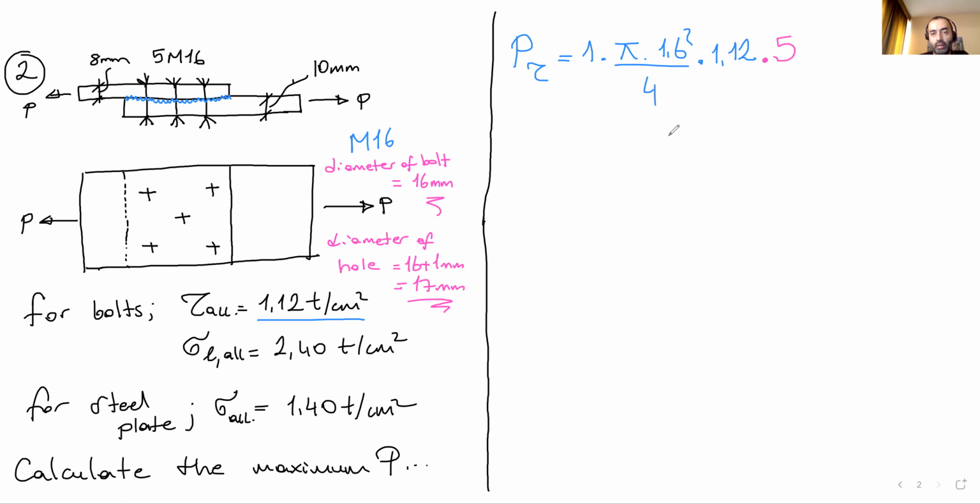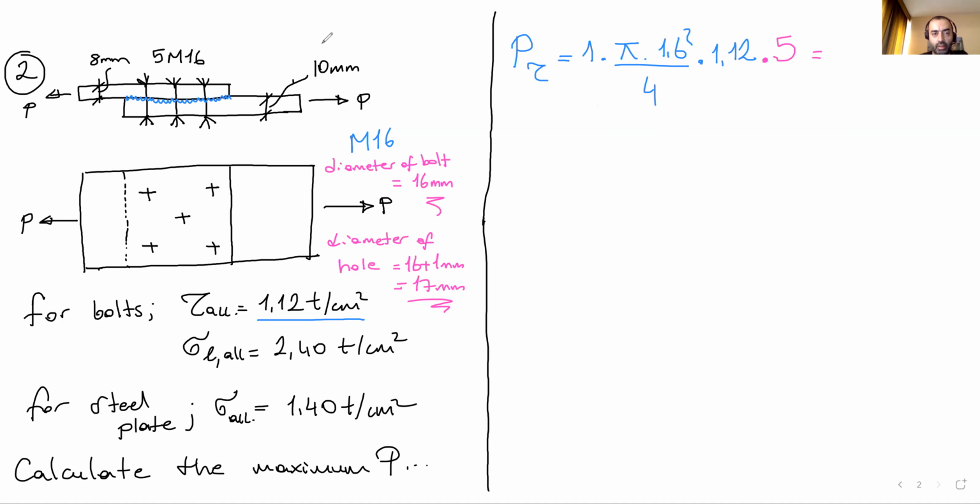We have 5 bolts. So this is the total equation to calculate the total shear capacity of the bolts. Now we are going to do it. I'm going to get my calculator and then we will do this calculation.